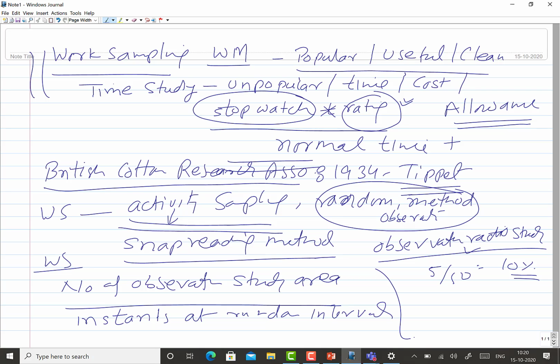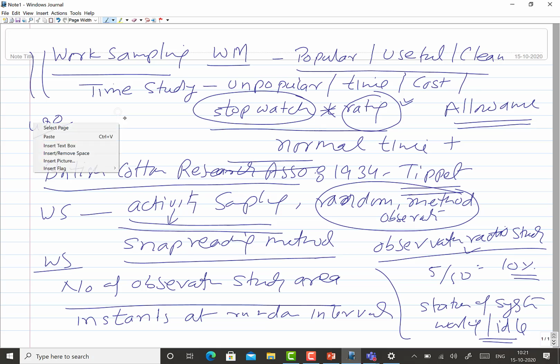And in these observations, we try to find out the status of the system, whether it is working or idle, or any other thing to be observed based on the objective of the study. Say the study is of 480 minutes, like 8 hours, and during the 8 hours say 100 observations are taken. So these 100 observations will be taken at different intervals.